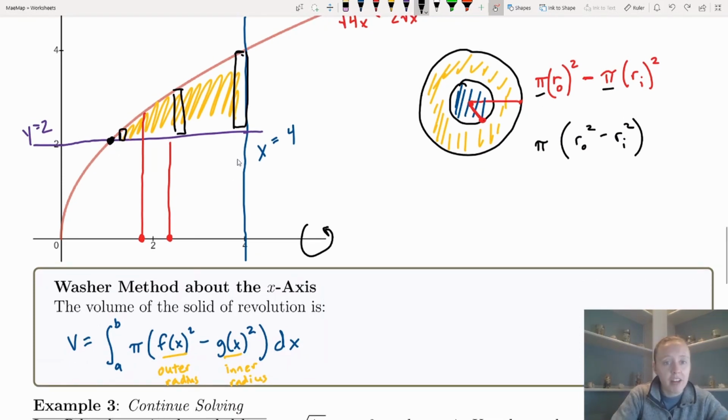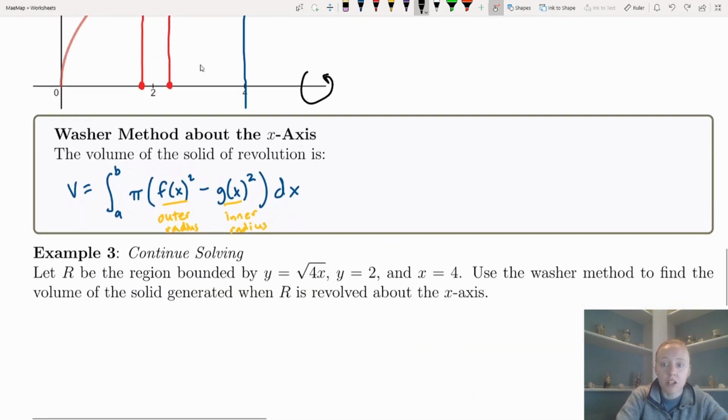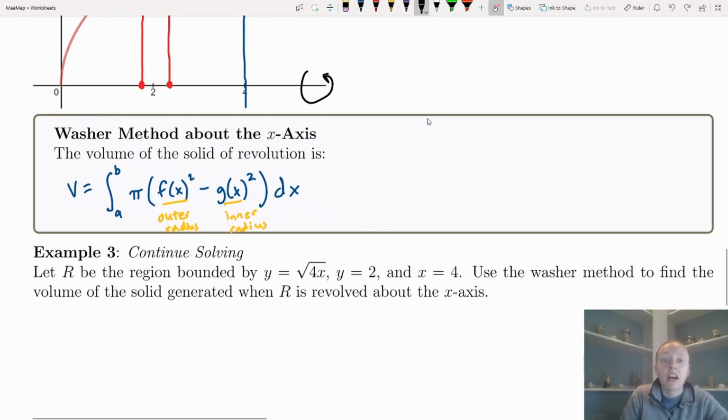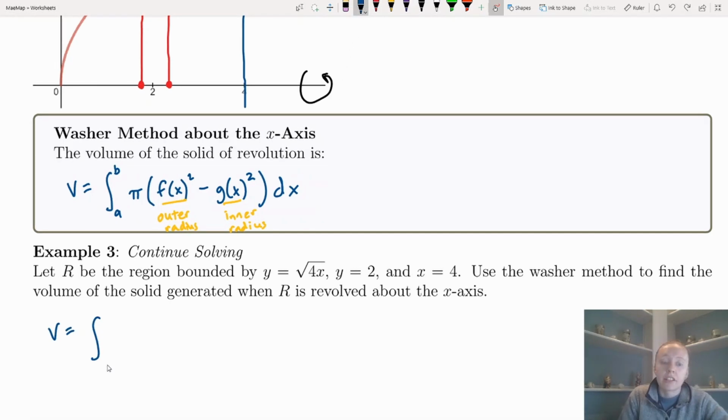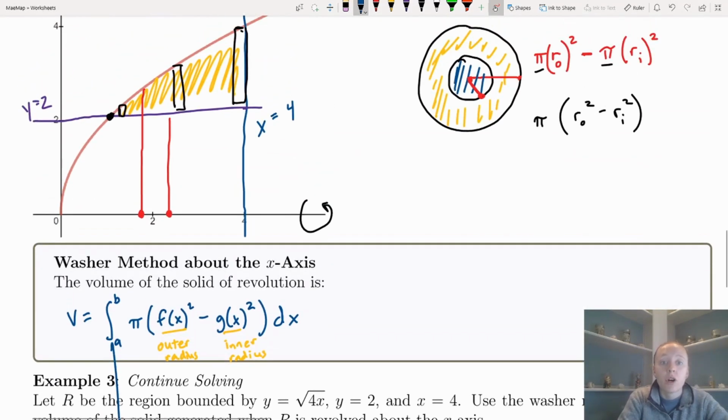So let's go ahead and write this all out. So using the washer method, revolving it around the x-axis, let's fill in those blanks. So our volume is going to be from our starting value, where we start drawing those rectangles, to our end value. We know our end value in terms of x is 4, but let's solve for that intersection point.